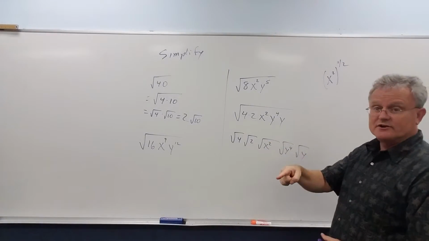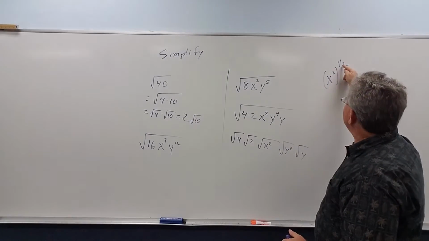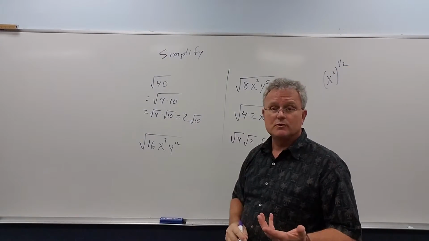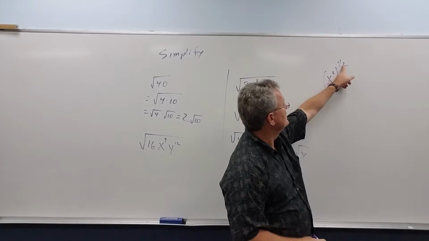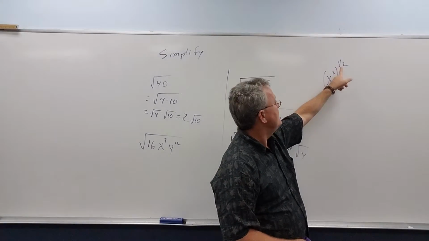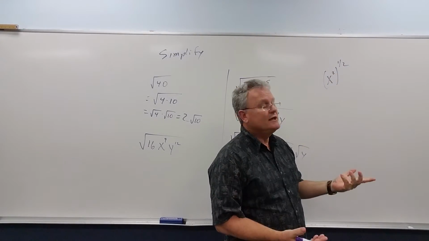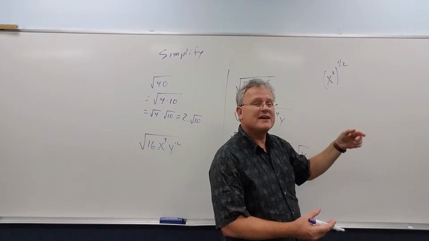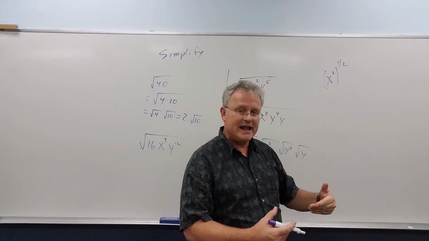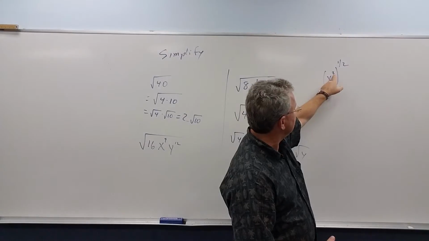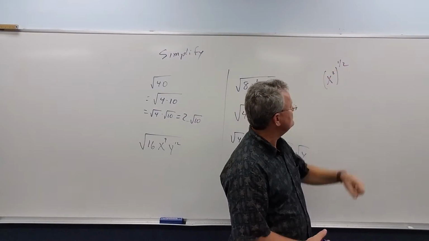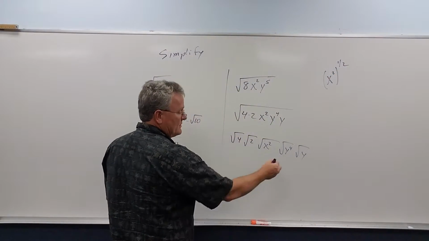We did that in an earlier video. Back to our rules of exponents, what do we do here? The rule is we multiply a half times 2. When we multiply by a half, that's the same as dividing by 2. So when I divide 2 by 2, I get x to the 1.